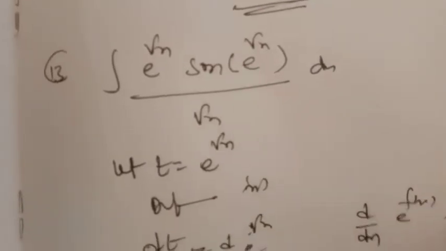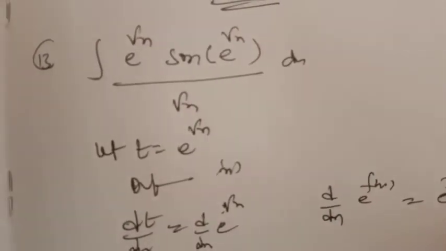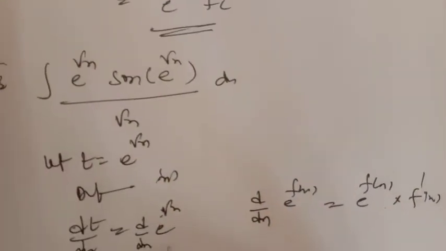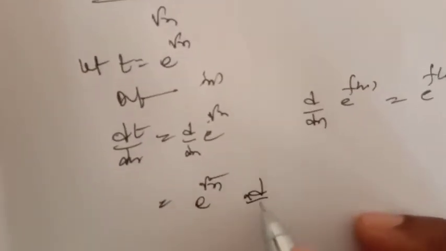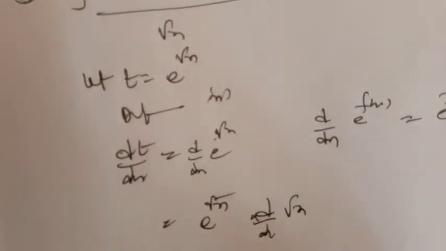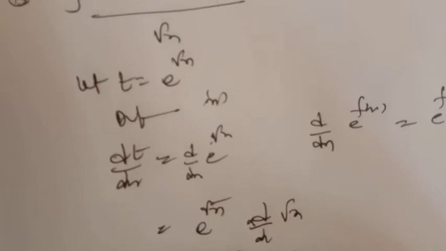Differentiating with respect to x on both sides, that is dt by dx equal to d by dx of e power root x. Here we have d by dx of e power f of x equals e power f of x into f dash x, that equals e power root x into d by dx of root x, that equals e power root x into 1 by 2 root x into dx.